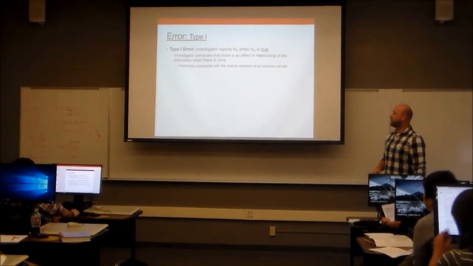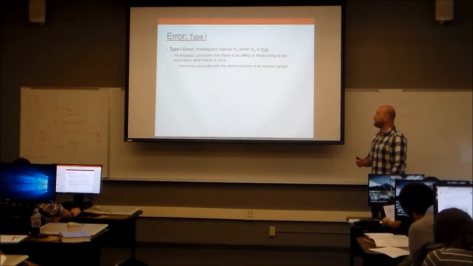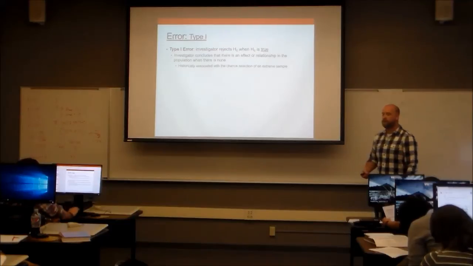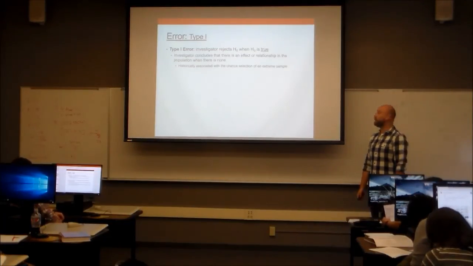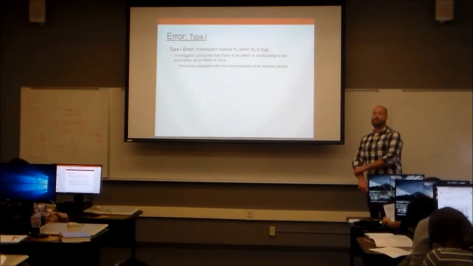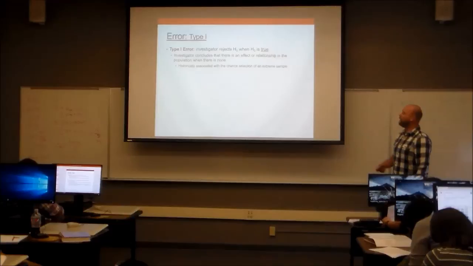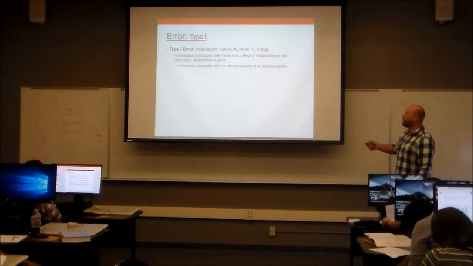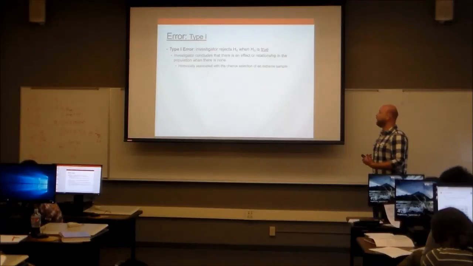Okay, a couple types of error. Type 1 error occurs when we reject a null hypothesis when the null hypothesis is true. We're saying there is an effect when there actually isn't an effect. This is our most feared type of error, for better or for worse. We want to associate our type 1 error with a very small chance.